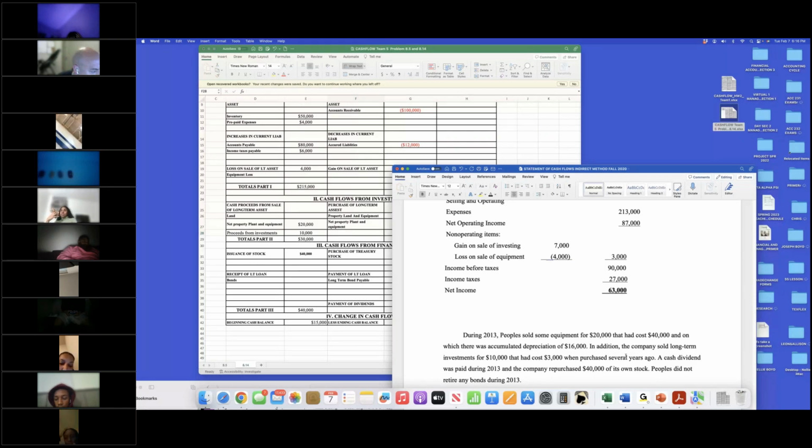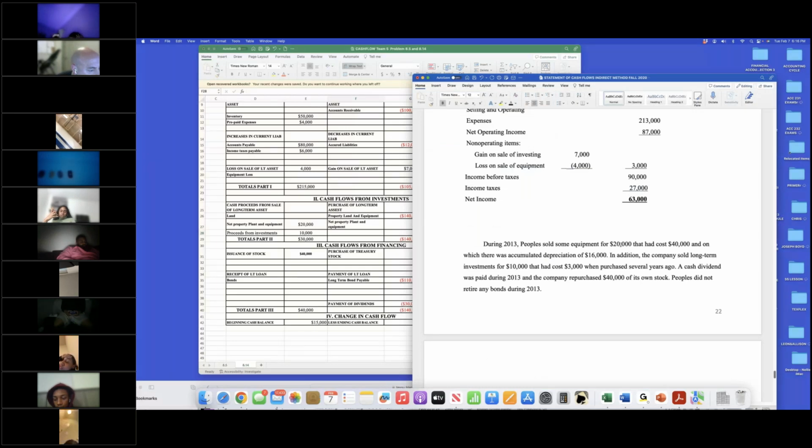It kind of told you what the numbers were, so it made it simpler. It tells you the long-term investment is 10,000, so 10,000 has to be here.